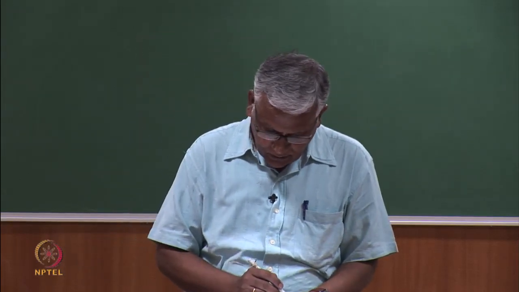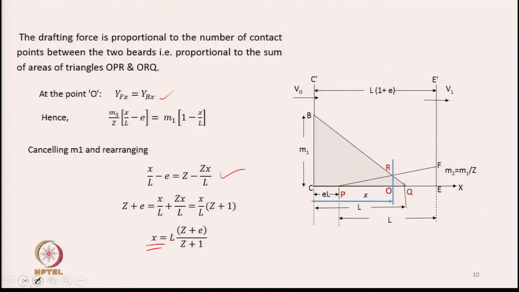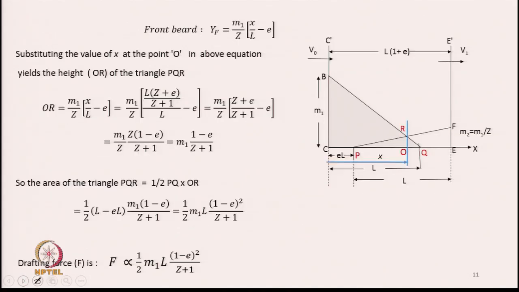After knowing x, which is basically O r, substituting the value of x at the point O in the above equation gives the equation that represents the number of fibers in the cross section under the front beard.